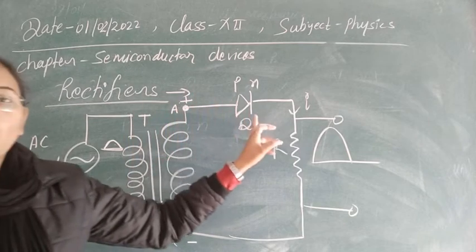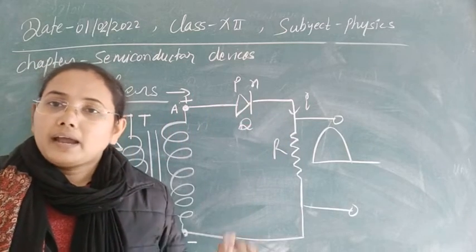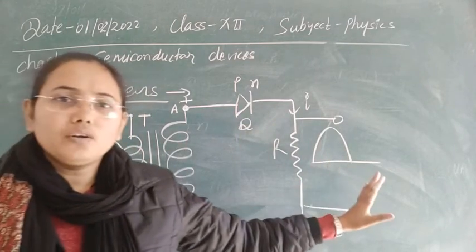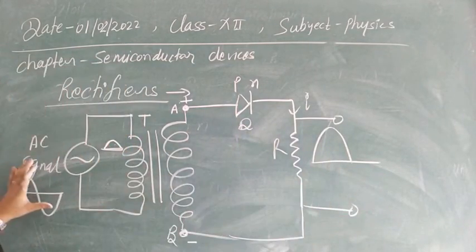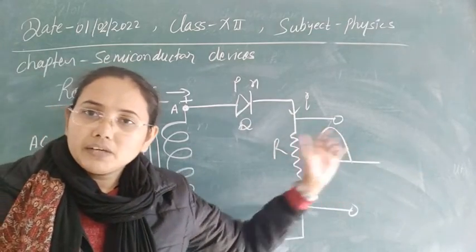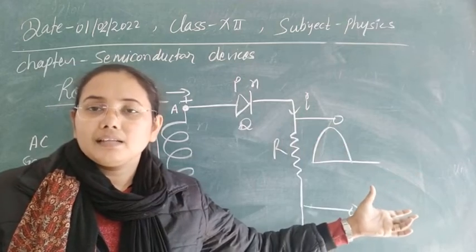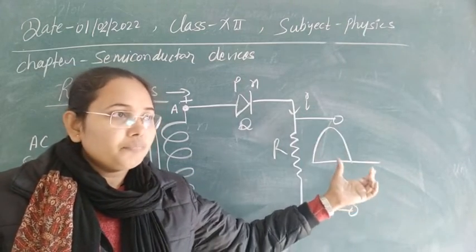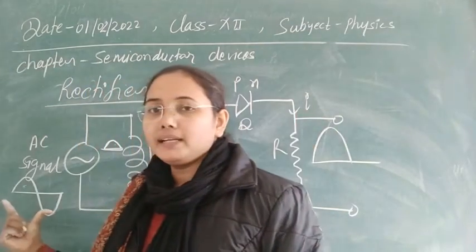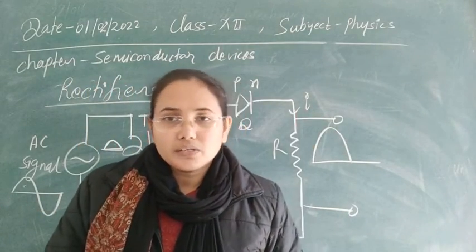Otherwise this diode will also conduct in reverse bias, as well as in forward bias, and then there will not be any kind of rectified signal. All the signal we apply here will be obtained at the output. It means if we apply AC, we will also get AC in the output. Maybe that AC will not be perfectly the same as what we applied, but we will get both kinds of signals.